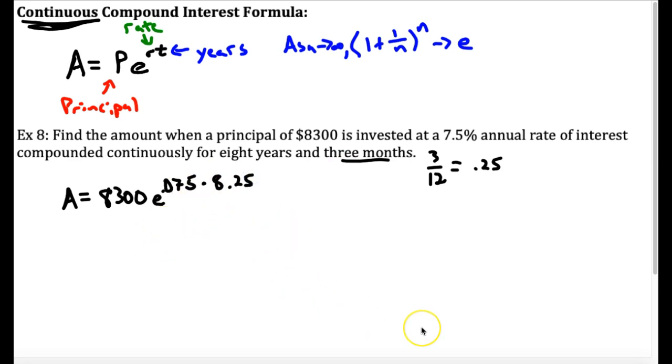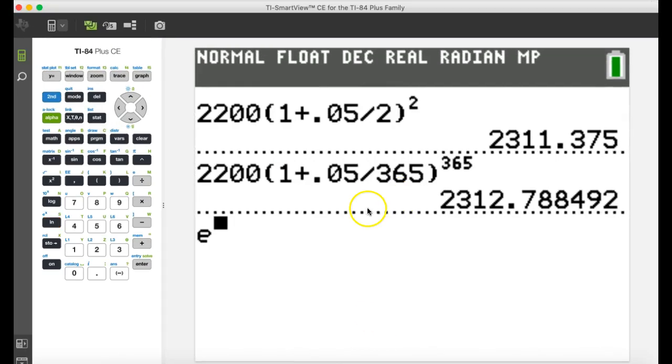So if I plug all of that into my calculator, let's see, 8,300 times E, and I'm going to go ahead and use this one since we're raising E to a power. So times E to the 0.075 times 8.25. That's my exponent.